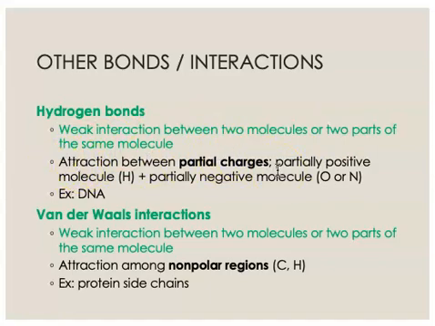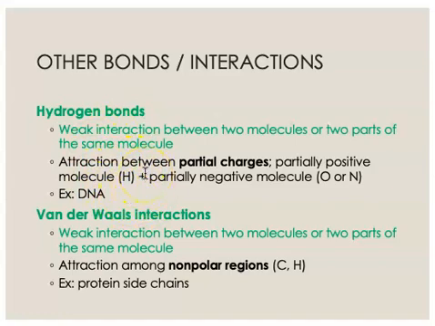Partially positive atoms or regions within a molecule are attracted to partially negative atoms or regions of a molecule. What results is a weak bond or a weak attraction called a hydrogen bond. The reason hydrogen bonds got their name is because one of the atoms is almost always a hydrogen.